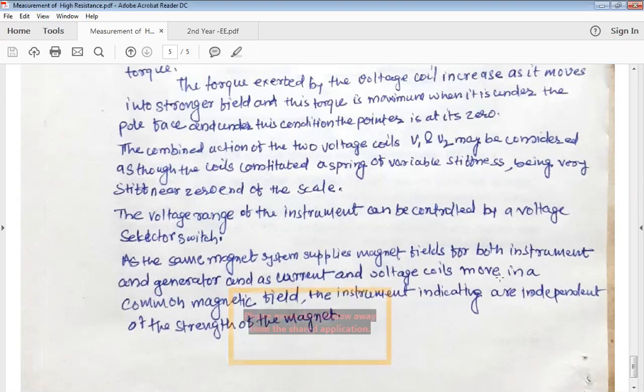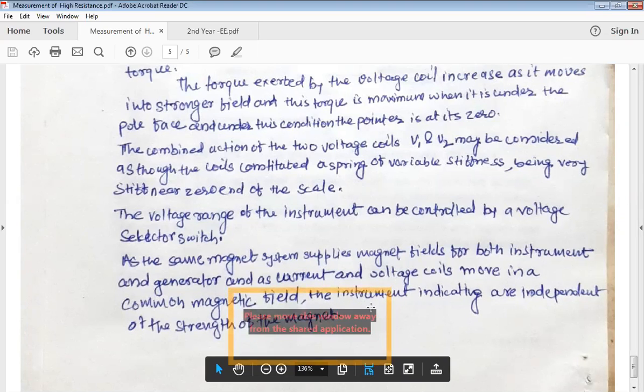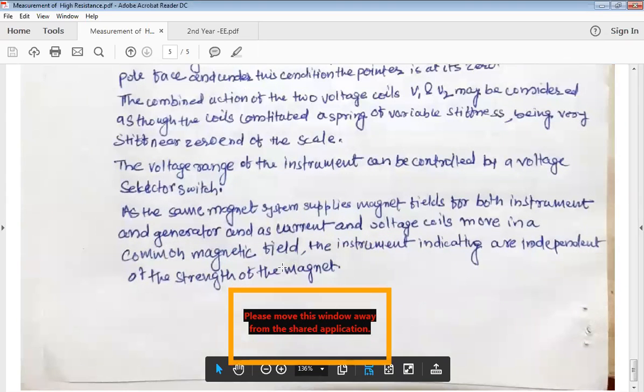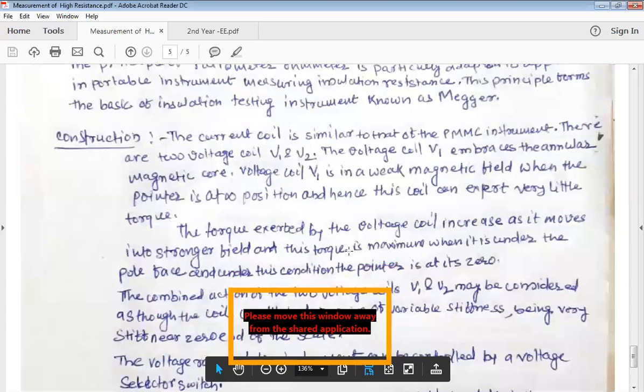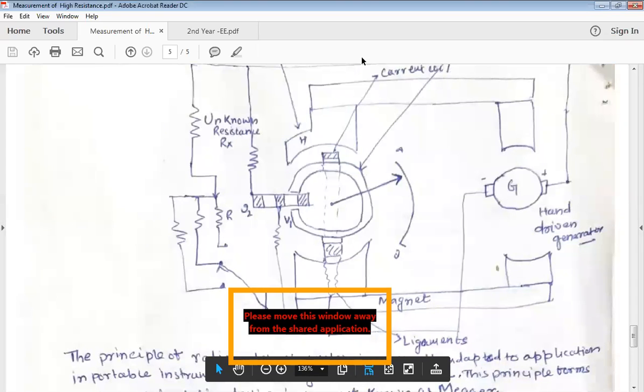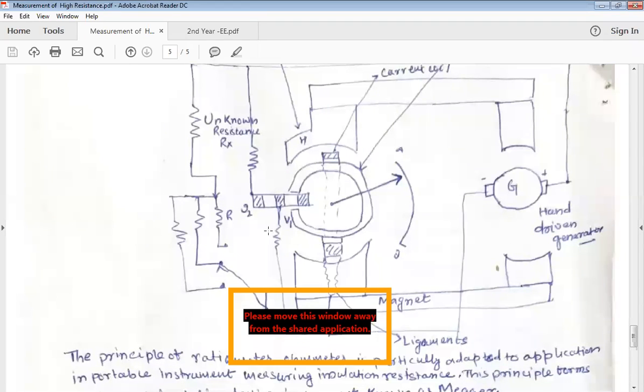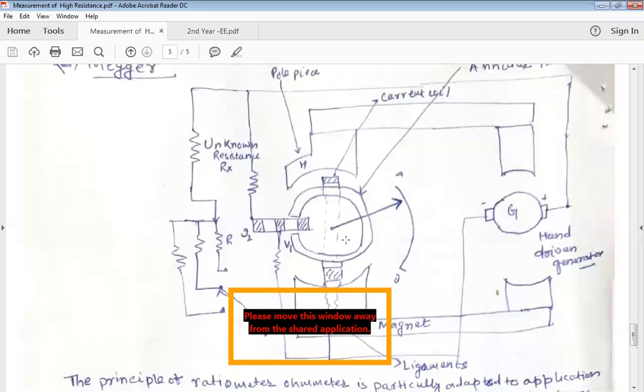So current and voltage coil move in the common magnetic field, and the instrument indication is independent of the strength of the magnet. So in a simple way you can say that the working principle of the meter is that there is one PMMC instrument, there is one current coil and a voltage coil.